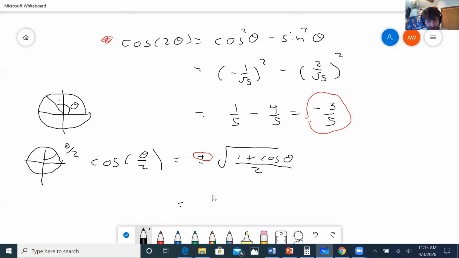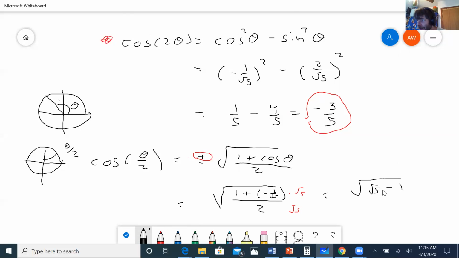Then I'm just going to plug it in. Cosine theta was -1 over root 5. So same deal, multiply top and the bottom by root 5 to get rid of the fractions in my fraction. And I have square root of (root 5 minus 1) all over 2 root 5.